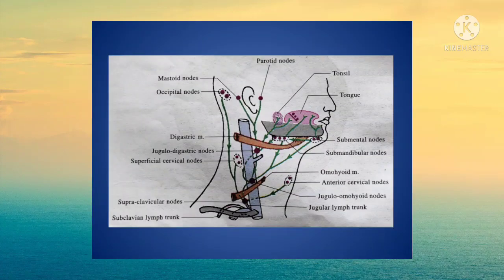On the right side, the subclavian, jugular, and bronchomediastinal trunks unite to form the right lymph trunk, which ends in a manner similar to the thoracic duct.